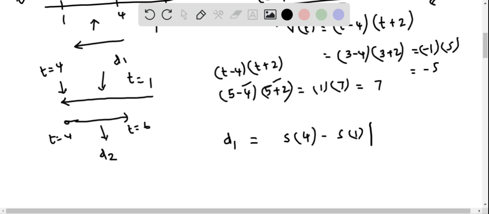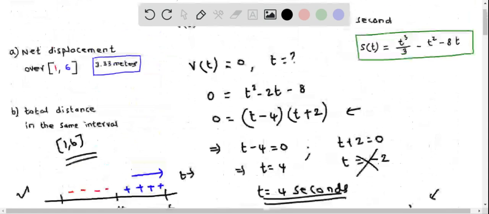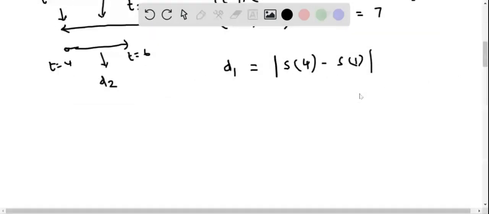I'm going to use the s of t function, which we already figured out: s of t equals t cubed by 3 minus t squared minus 8t.